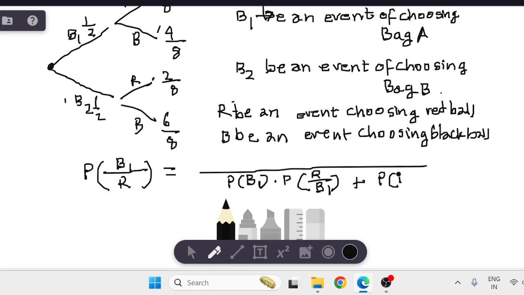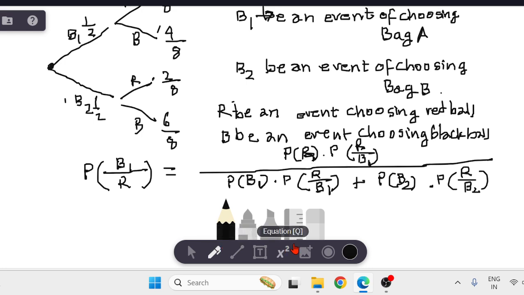Now the probability of bag 2 into the probability of red on the condition of bag 2. On the top we write the probability of bag 1 into probability of R given bag 1, divided by this total. Now just substitute the values so that we get the answer.